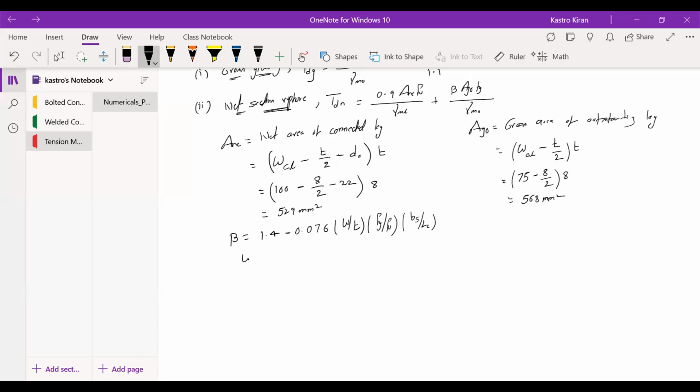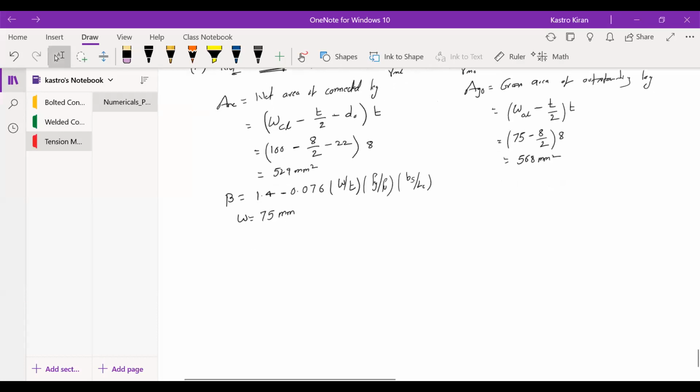Here W is the width of outstanding leg, that is 75 mm, and T is the thickness of the angle section, which is 8 mm. Fy is 250 megapascals and Fu is 410 megapascals. Here for Bs, refer figure 6 of IS 800-2007.